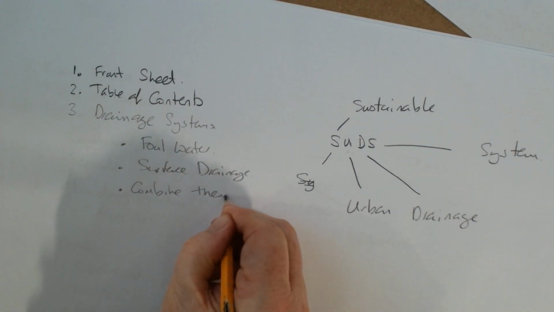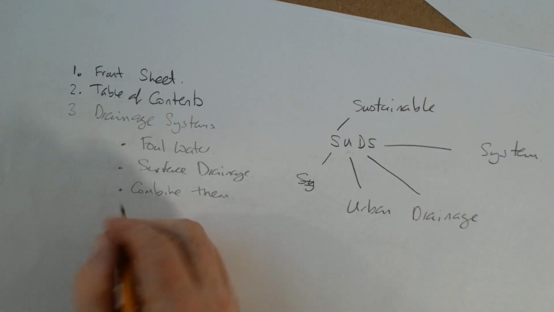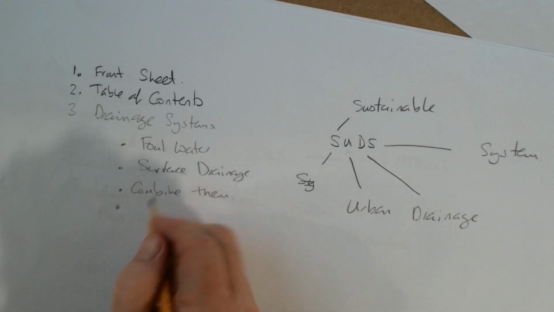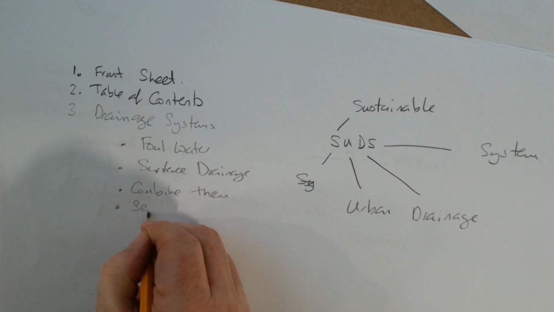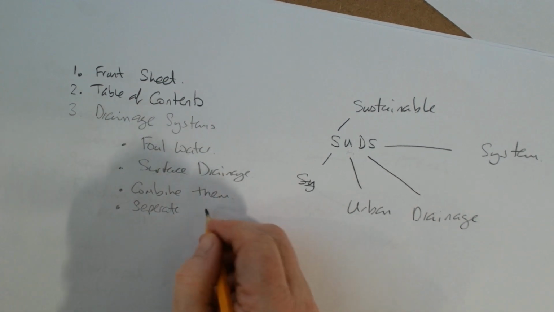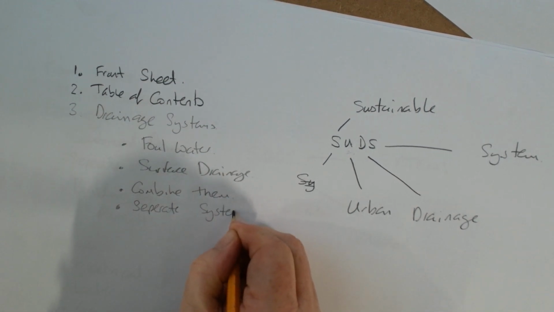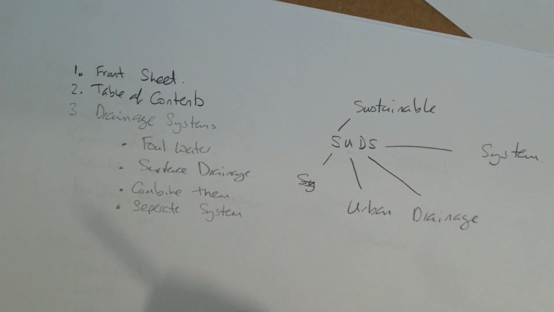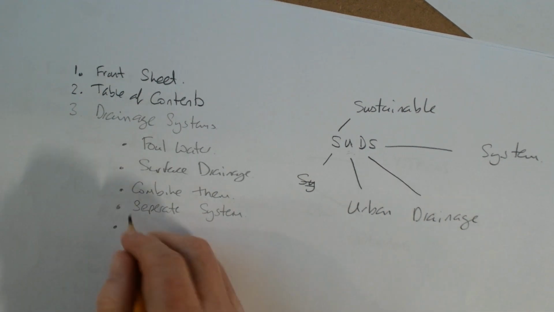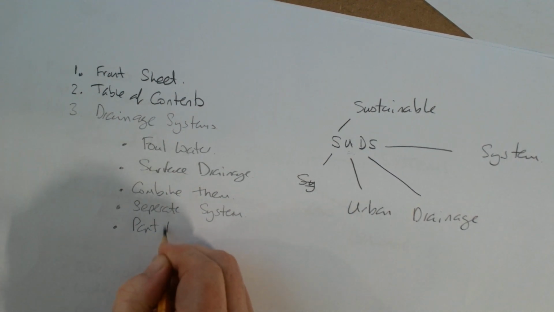Because we can have a combined system, it's quite old, or in a more modern context, do we have a separate system? So we'd have to write about both, advantages and disadvantages of both, and then choose. I would probably recommend a separate system because you've got brand new houses. In addition, you probably find that it relates much easier to part H.